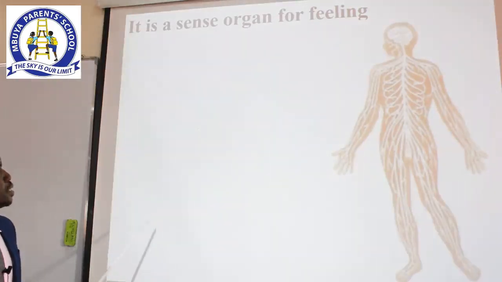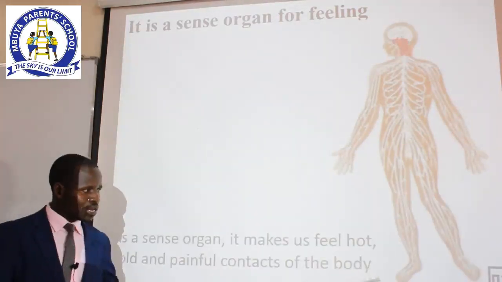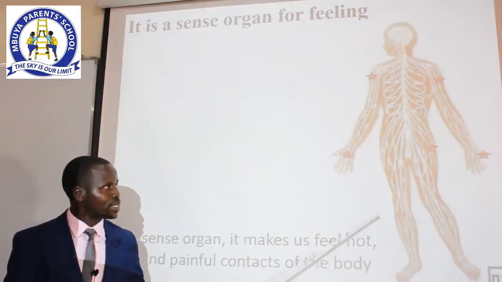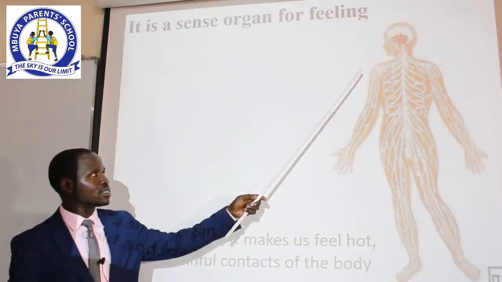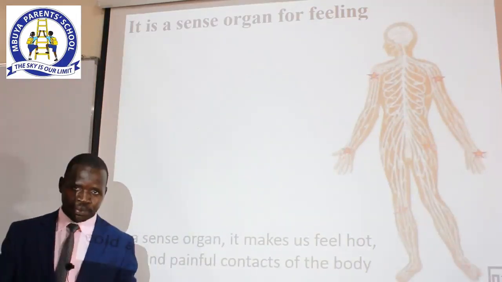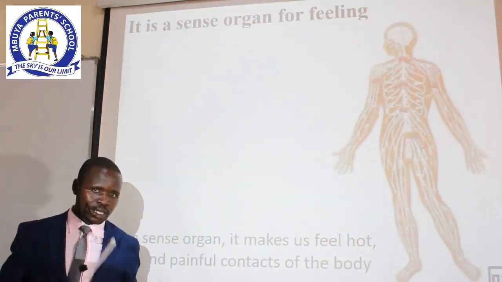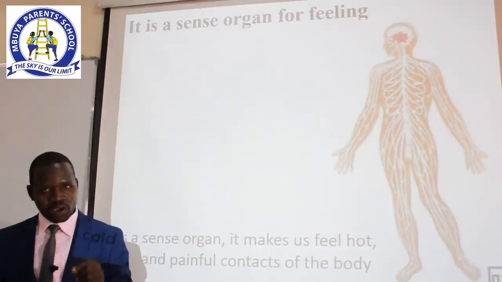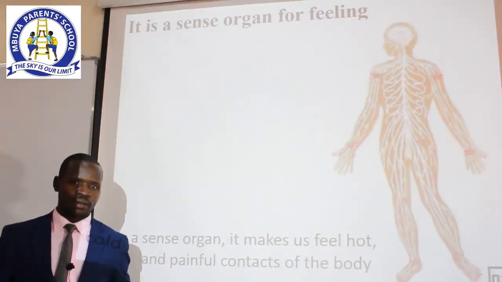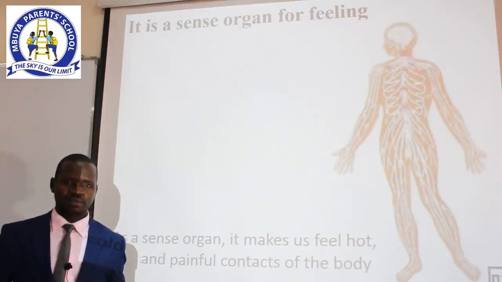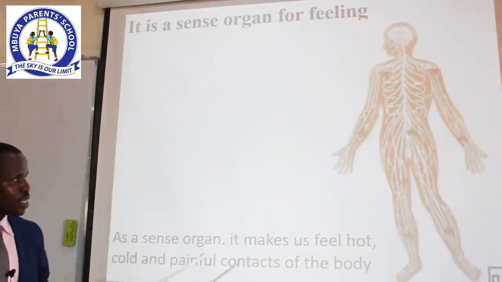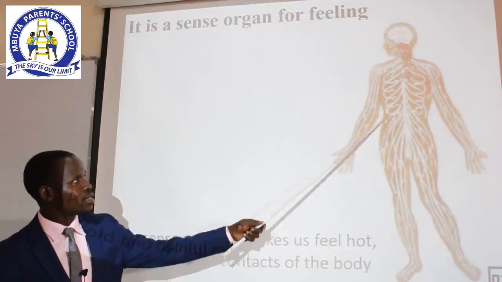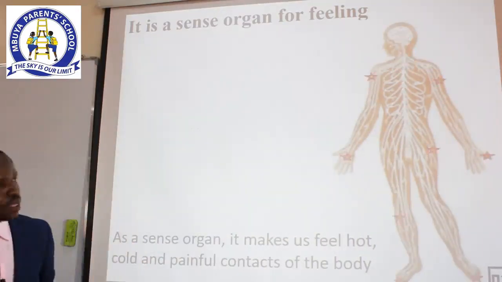Let's look at being a sense organ for feeling. The skin helps to pick all the senses right from our feet and all other body parts and transmit the senses to the brain for interpretation. That includes heat, cold, touch, and any other sensation. So that is what is being illustrated right there.